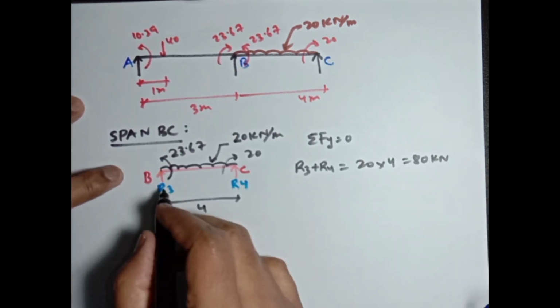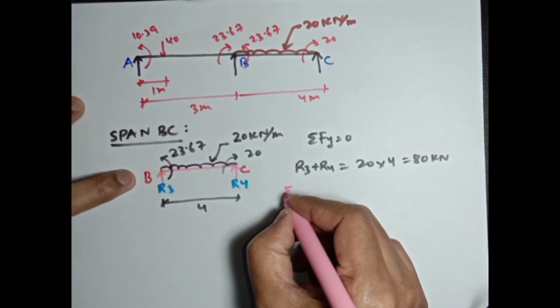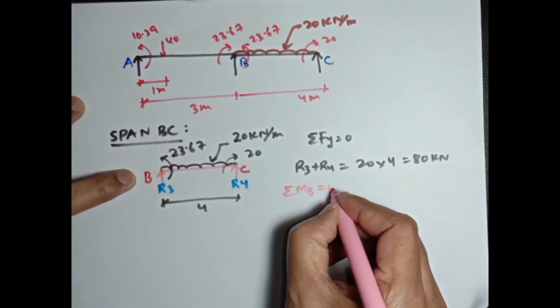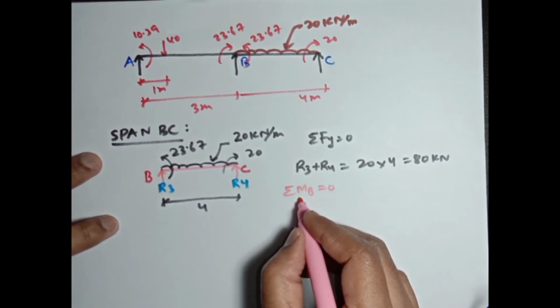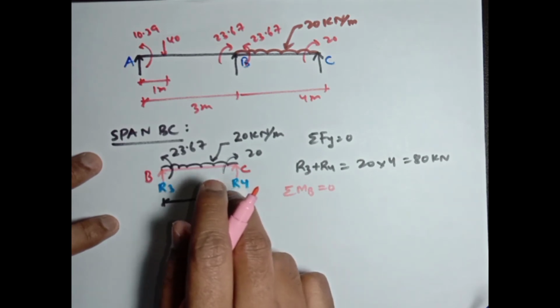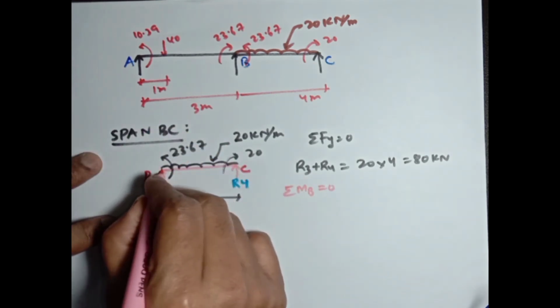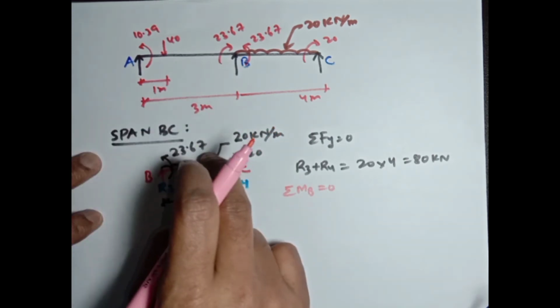Now taking moment about point B, total moment about point B will be 0. So we are showing here summation MB equal to 0. Now R4 will create an anti-clockwise moment about this point B, and this 20 kilonewton per meter will create a clockwise moment.